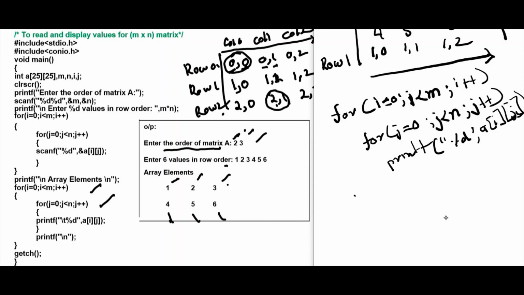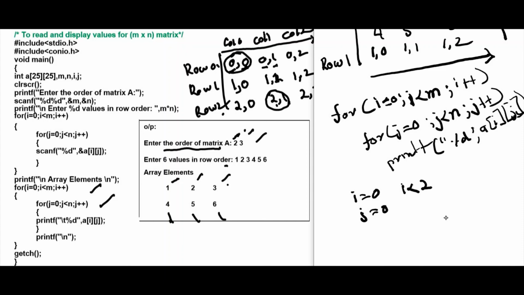Right. So when i is equal to 0, j will be equal to 0. Okay, let's see first. When i is equal to 0, i is being checked with the value m. m here is 2. As long as this condition is true, it will enter the loop.